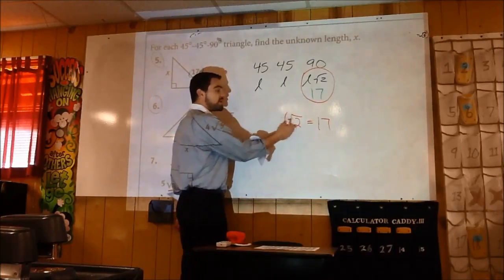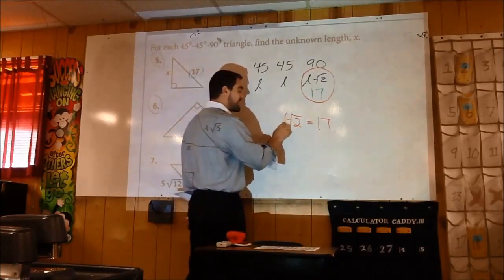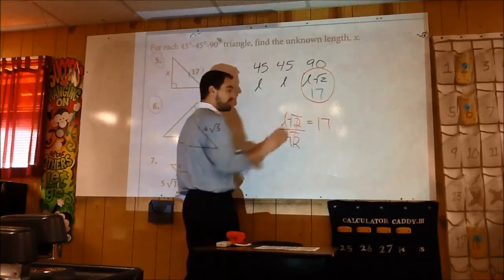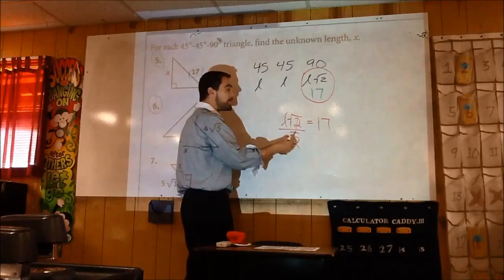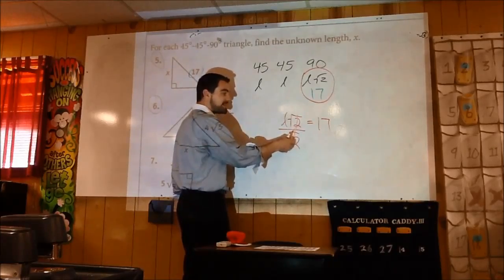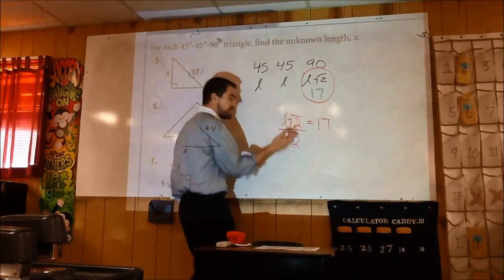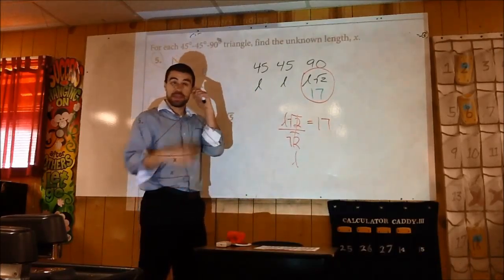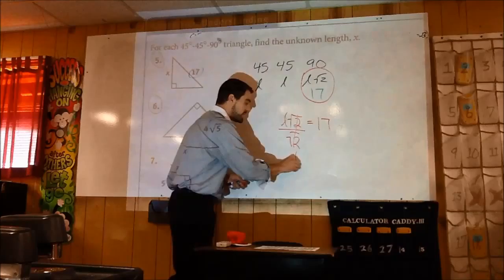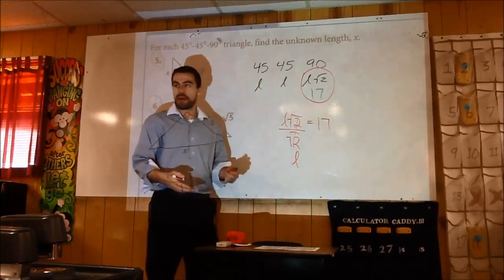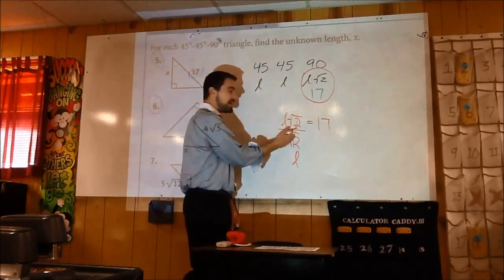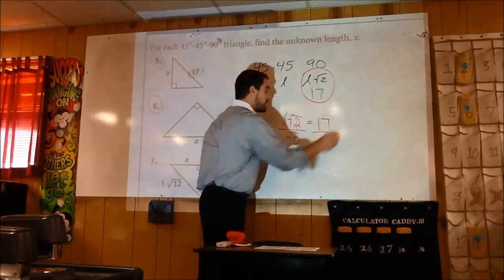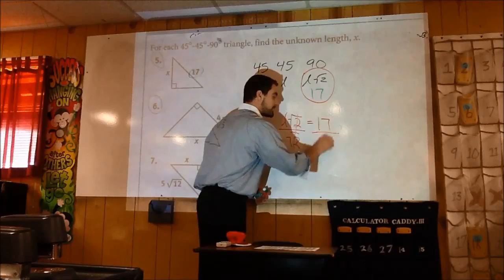The variable L is currently being multiplied by the square root of 2, so I need to divide by that same exact value. Therefore, they will simplify to being just 1, and then 1 times L is just L. Some of your algebra teachers may have said that they canceled each other out. Well, it's not like magic, they don't just go away. What's happening is it's being divided by itself, which equals 1. So that's why it's just L left over. But whatever you do to one side, you have to do to the other.